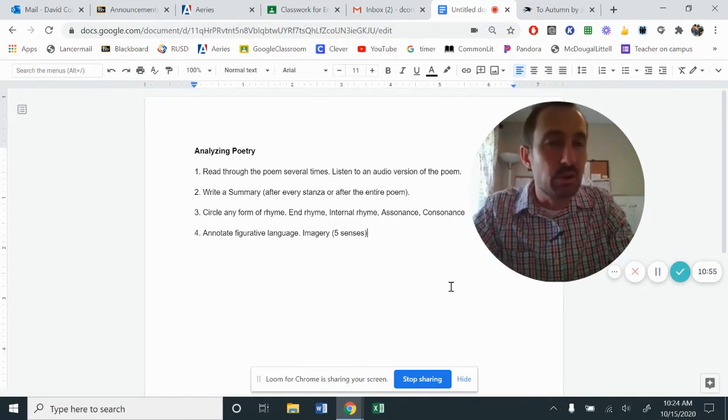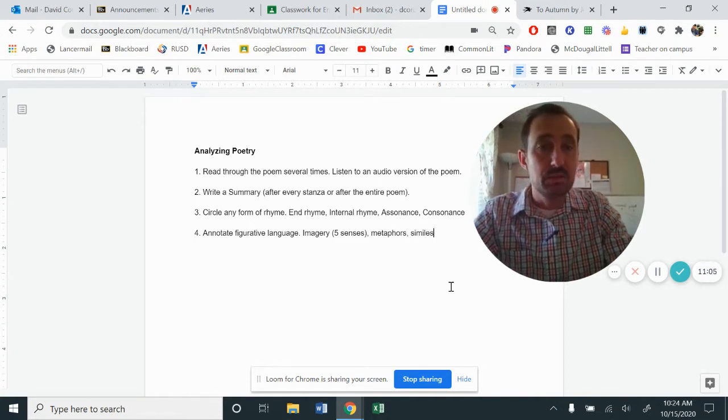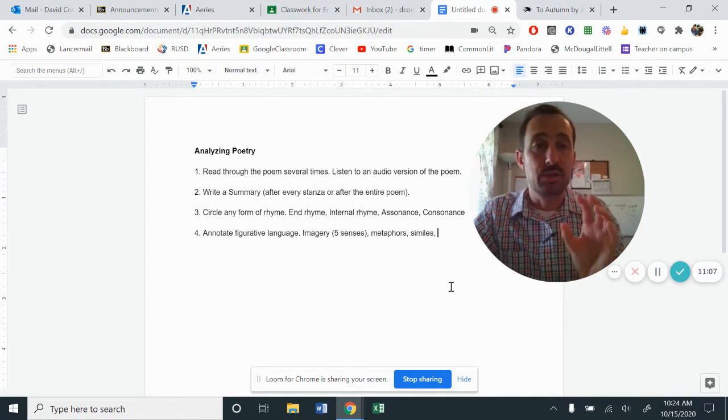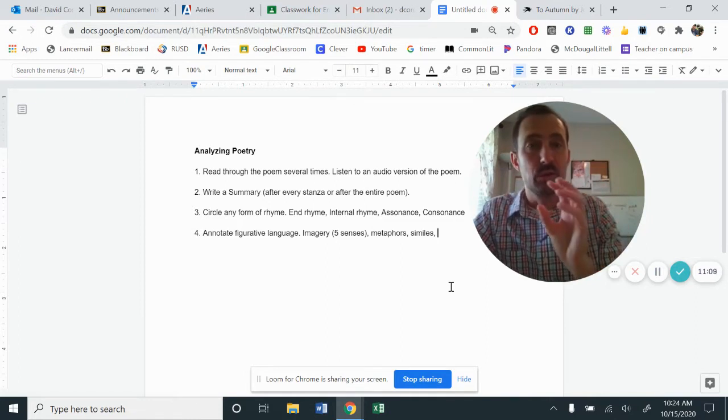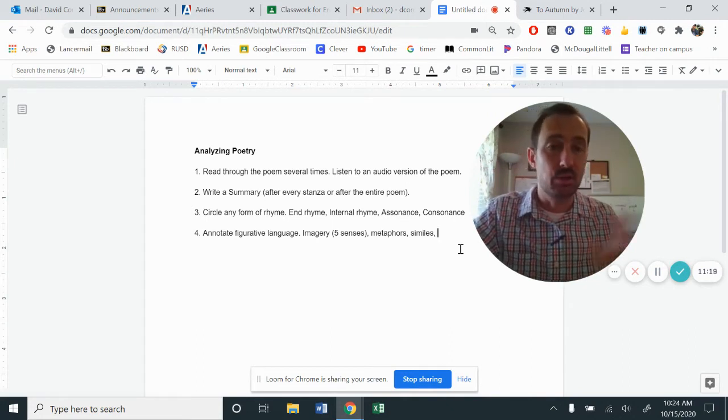So maybe you're going to look for imagery. Okay. There's also, let's say, metaphors. Okay. Similes. Similes and metaphors are a comparison. So similes use the terms like or as. So your room is like a pigsty. So that's a simile. All right. A metaphor is connecting those as the same.